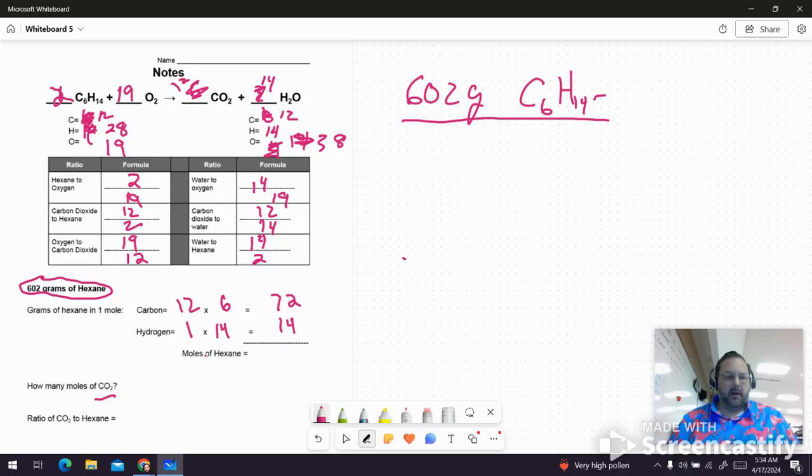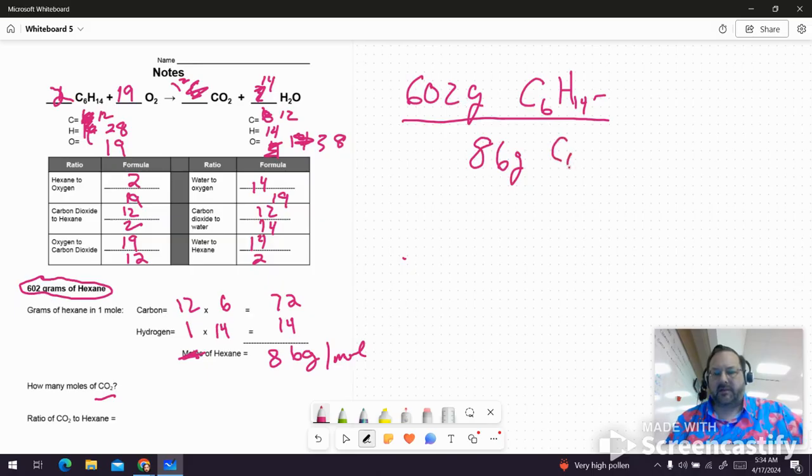Sorry, that's 1 mole of hexane. So 72 plus 14 is going to be 86 grams per mole. So 1 mole is 86 grams. The way I figure this out is that I go up here and take 86 grams. So I'm going to divide 602 by 86 grams of C6H14.